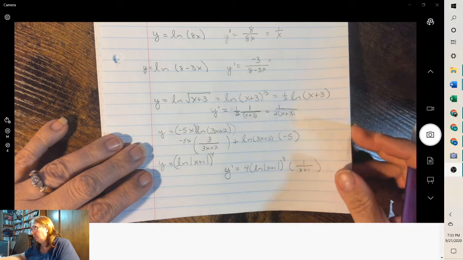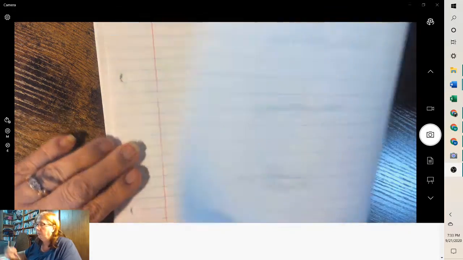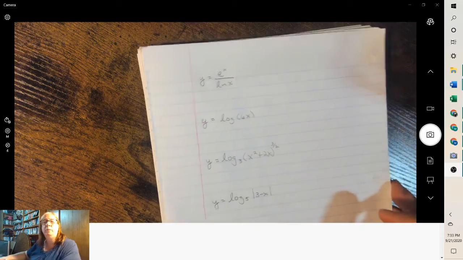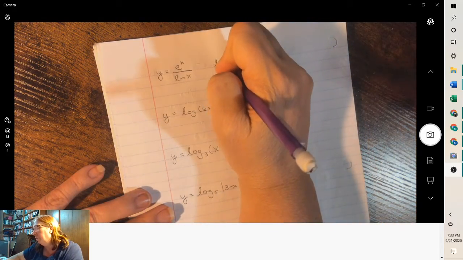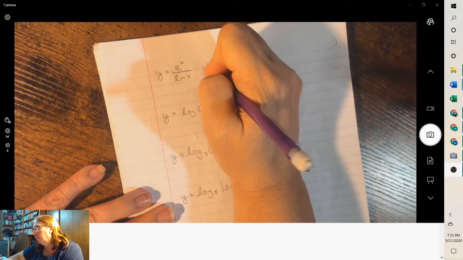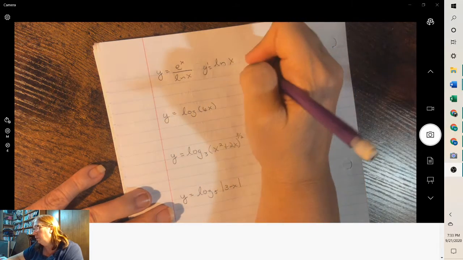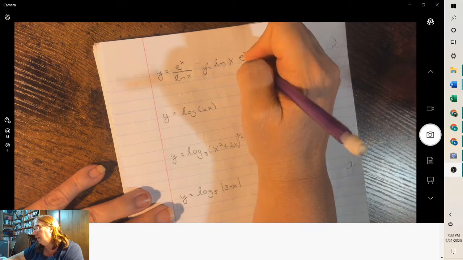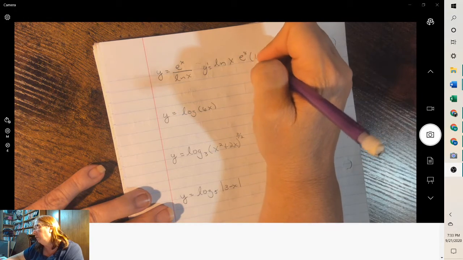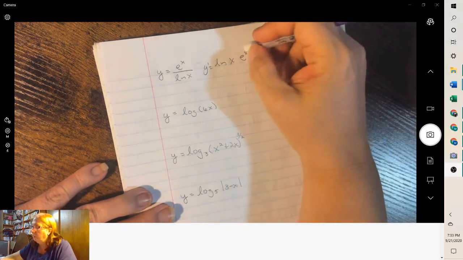Okay, let's try some logs. I think I have logs next. Oh no, I have one more quotient rule first. So bottom times the derivative of the top. Derivative of e to the x is e to the x times the derivative of the exponent, and the natural log of e is also 1.